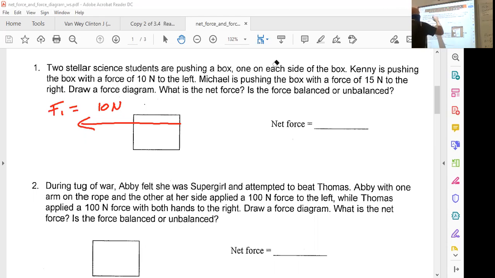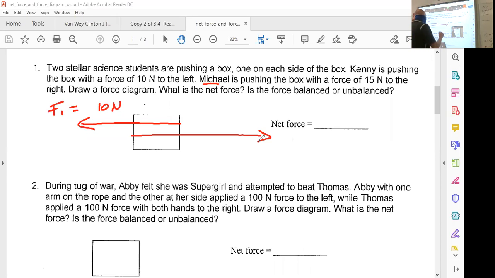Now we're talking about Michael. Michael pushes the box with a force of 15 newtons to the right. This arrow vector needs to be 1.5 times as long because it's 1.5 times as much force. But I'm not going to pick about that. As long as it's a little longer, it makes sense.